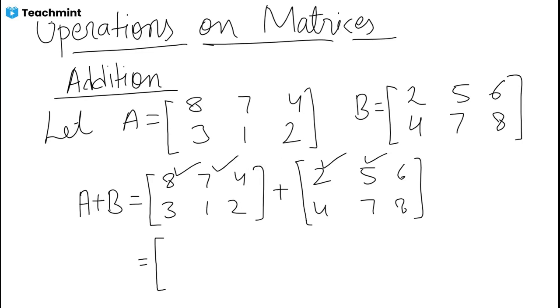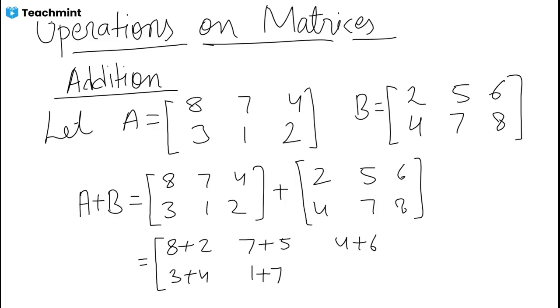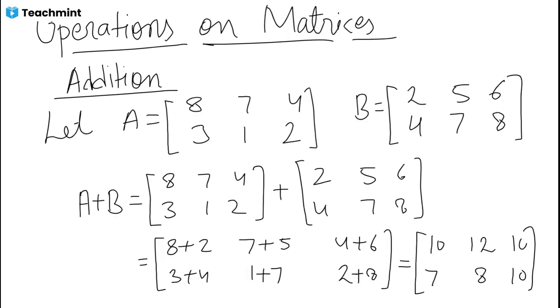So 8 plus 2, 7 plus 5, 4 plus 6, 3 plus 4, 1 plus 7, 2 plus 8. We get 10, 12, 10, and 7, 8, and 10, which is the required sum of matrices A and B. You got it now?